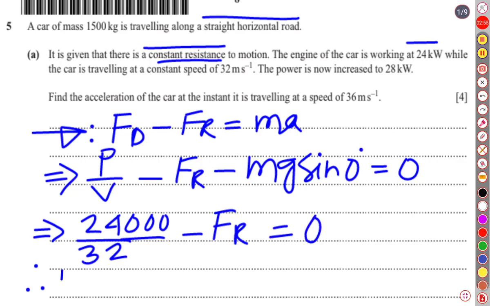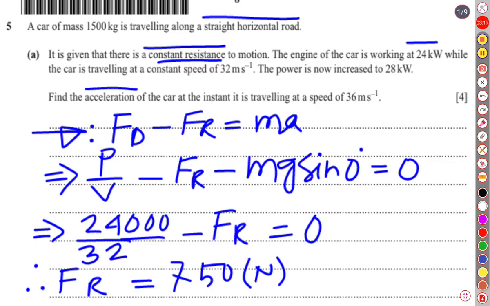Hence our resistance to motion, if we divide 24,000 by 32, is going to be 750 newton. So 750 newton is our constant resistance to motion.